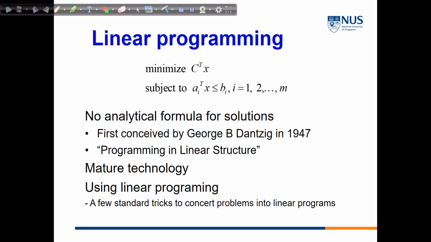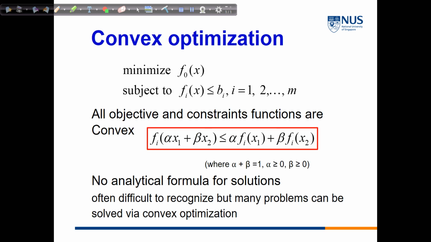We have widely studied linear programming to find its optimal solutions. To use linear programming, there are some standard tricks or algorithms to solve the problem, and also to put many different problems into the linear structure. So we will show you how to model some problems in linear structure later.